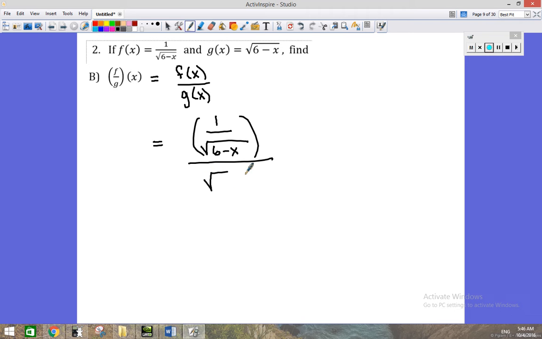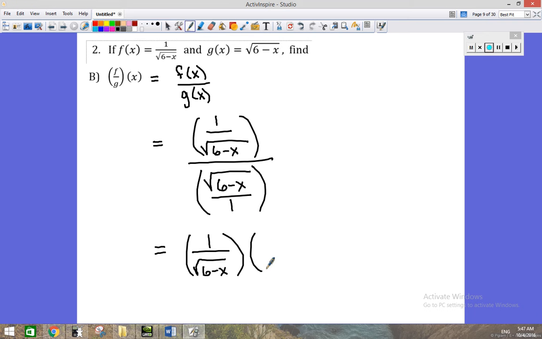Our denominator is not a fraction, but we can make it a fraction by placing it over 1. So to do this division, we know that division is the same thing as multiplication of the reciprocal. So here's my numerator. I can change this division to multiplication if I take the reciprocal, if I flip my denominator.